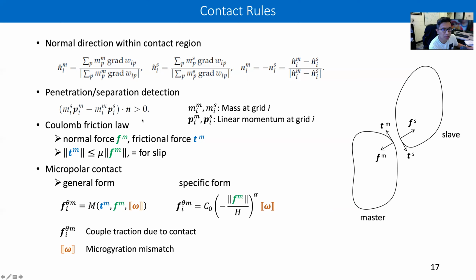With that, we can also introduce a micropolar contact where the frictional coefficient does not necessarily correspond only to the tractions, the tangential and normal parts of the tractions, but also to the duration mismatch.